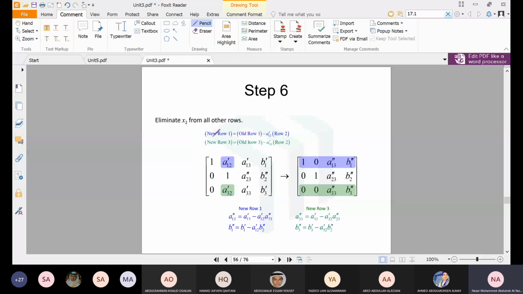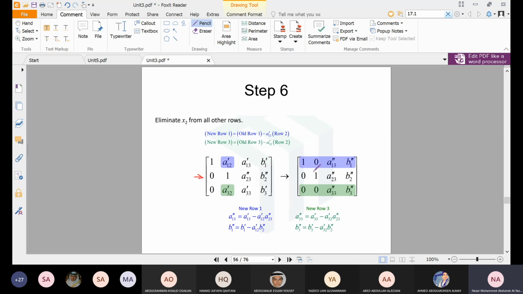So row number 1 is equal to old row number 1 minus the coefficient here multiplied by row number 2, because I use this as the pivot now for the elimination. Row number 3 is old row number 3 minus the coefficient that I want to eliminate multiplied by row number 2. This is the pivot row. So as a result we get 0 here, 1 already from normalization, and 0 here. This is the next step.